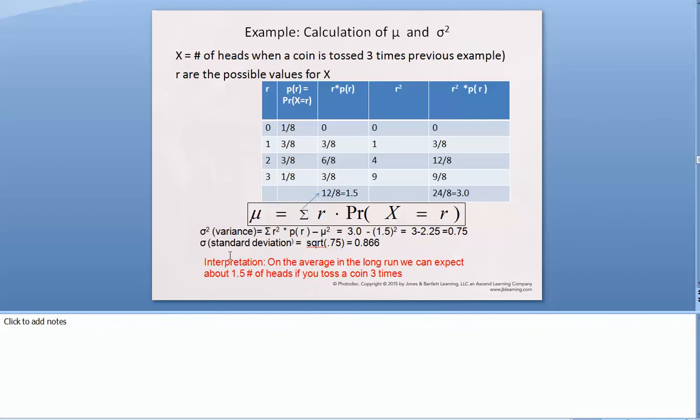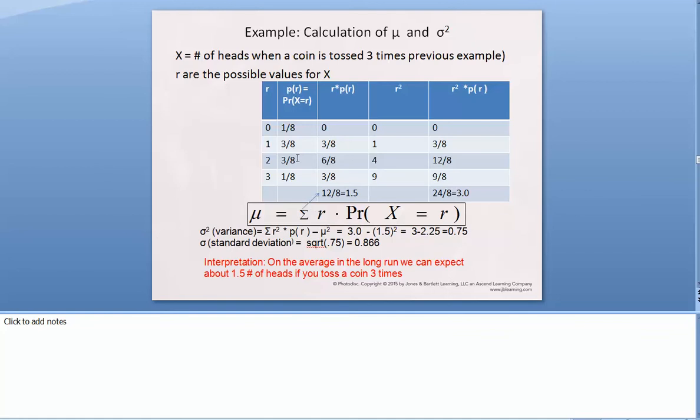The standard deviation is the square root, so you get the standard deviation to be 0.866. Remember the connection between the variance and the standard deviation: standard deviation is the square root of the variance, and it has the same units as the random variable x.